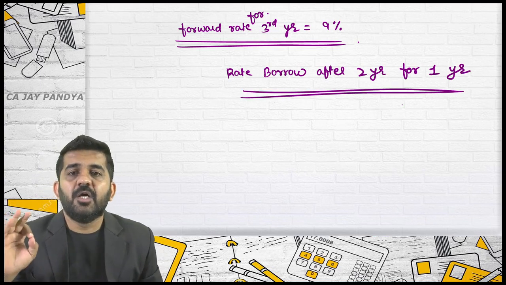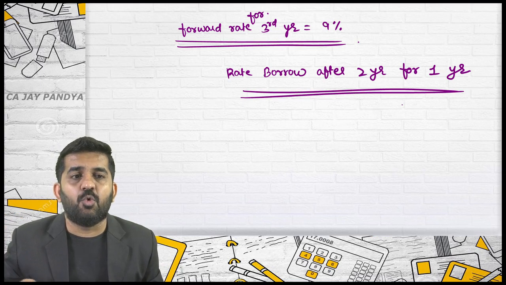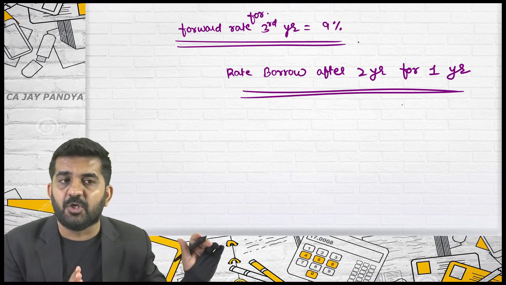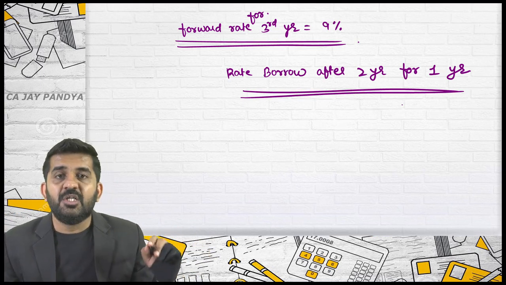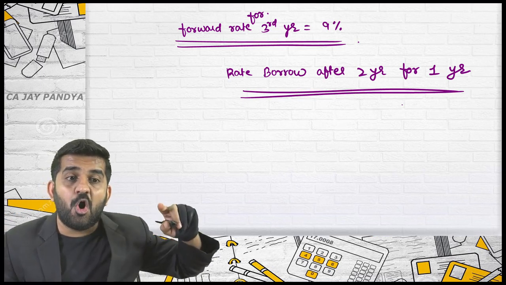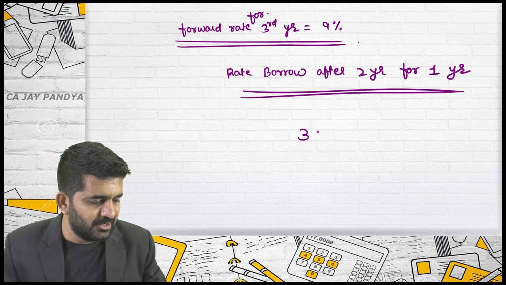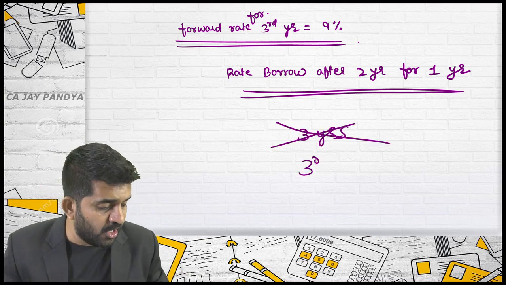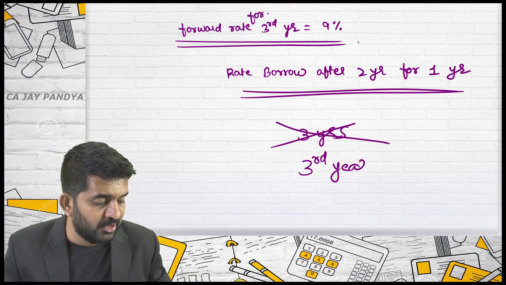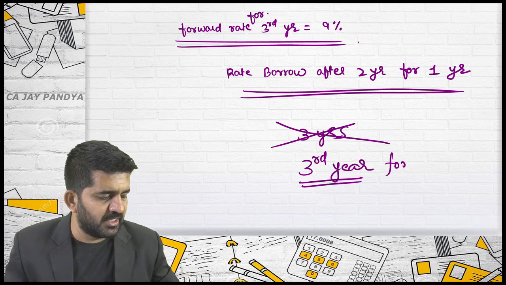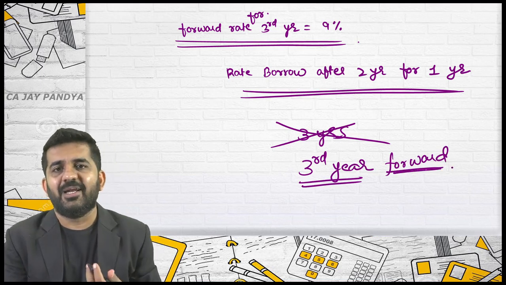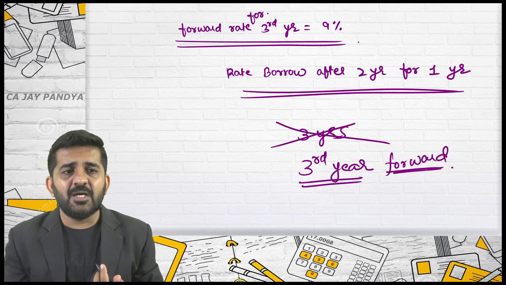See, whenever the rate is quoted, it is always per annum. It will always be for one particular year. So this is the forward rate for the third year. Incorrect, it is not a rate for 3 years. So this type of rate is termed as forward rate.